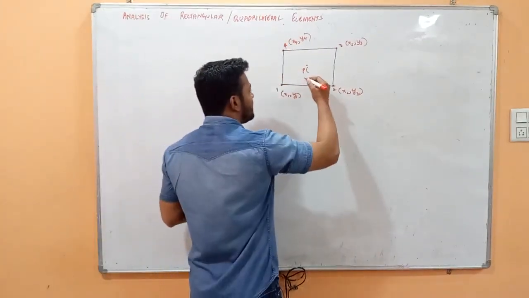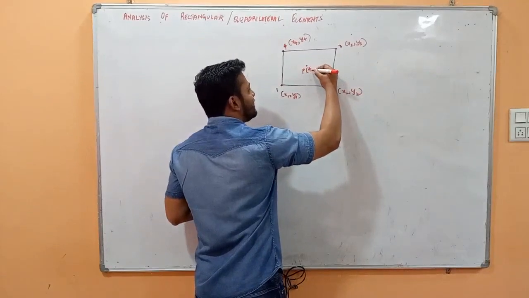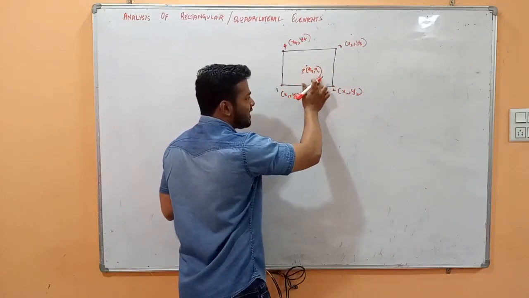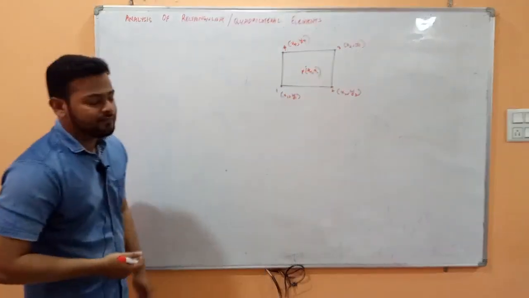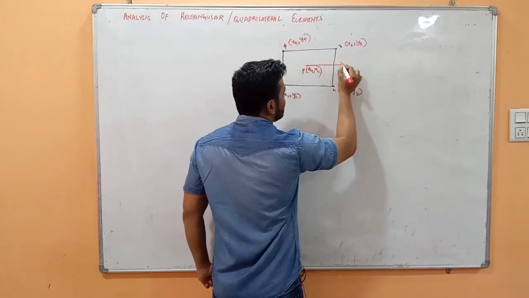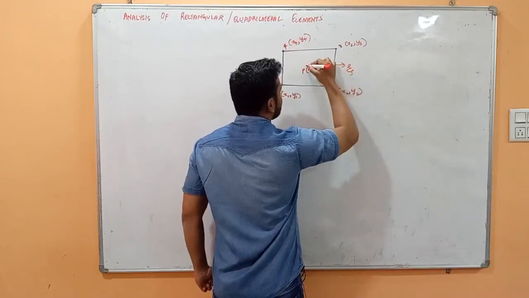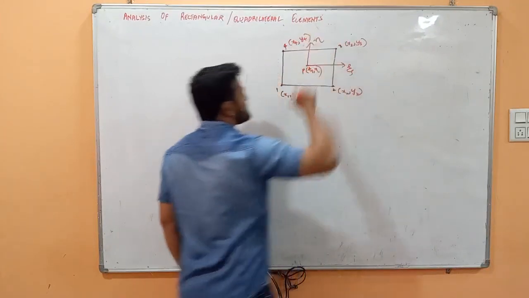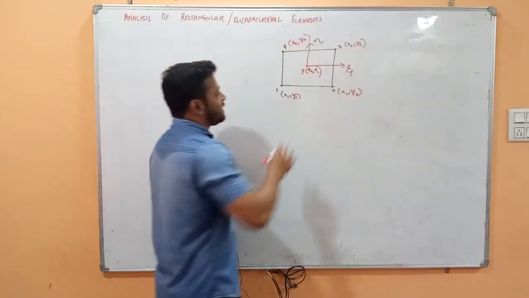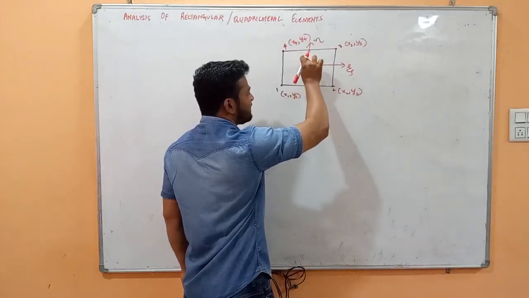This coordinate is denoted by eta and xi. The system takes the coordinate in this form. We can use any other notation, but since textbooks follow these notations, we are going to take this coordinate as eta and this as xi. At the center, eta and xi will usually be 0 and 0.